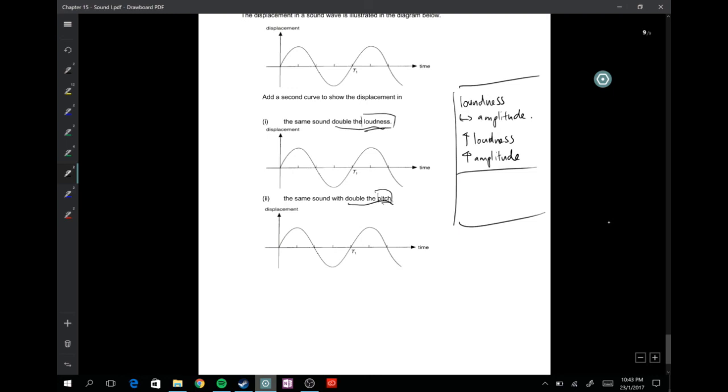Now if you are intuitive enough, you should be able to guess pitch is linked to frequency. So the greater the pitch, same relation, the greater the frequency. With this, I think you all should be able to do this question here, part 1 and part 2. There shouldn't be any problem.